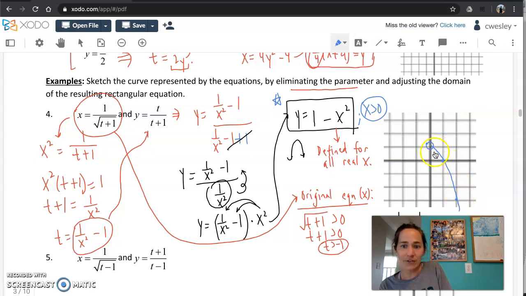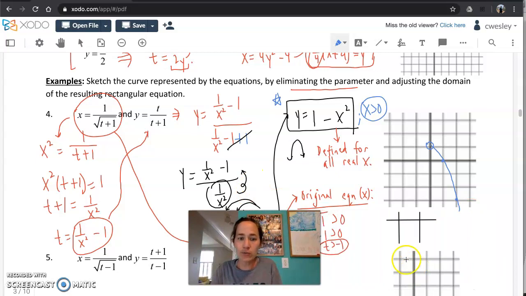I got to decide on the orientation, either the object's traveling up toward that vertex or down away from it. And I think our easiest bet to figure out which way this thing is oriented, to the left or to the right, would be not to plot a lot of points, but could you just plot a few? It's a waste of time to make a full-out table here, because why else did we do all that other work?